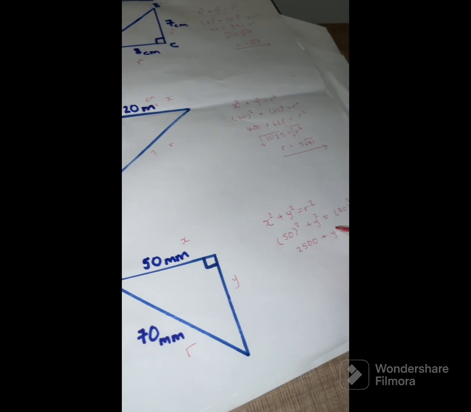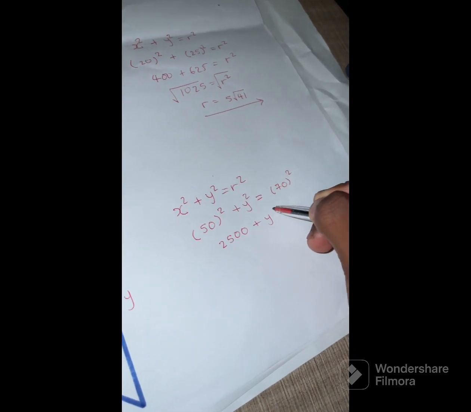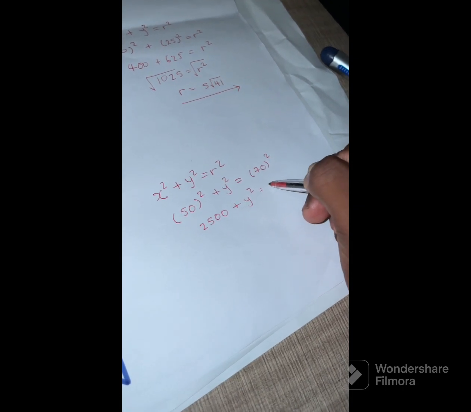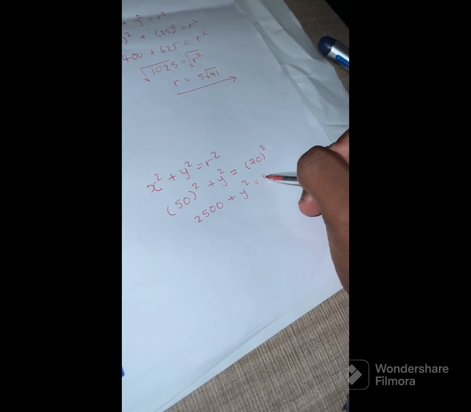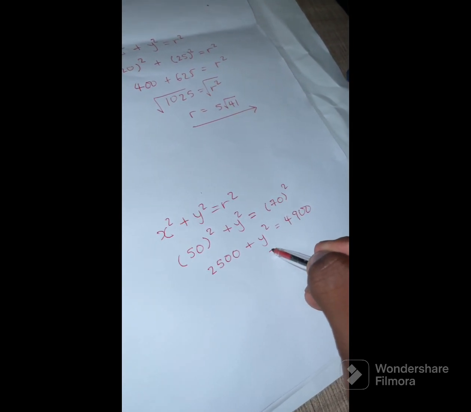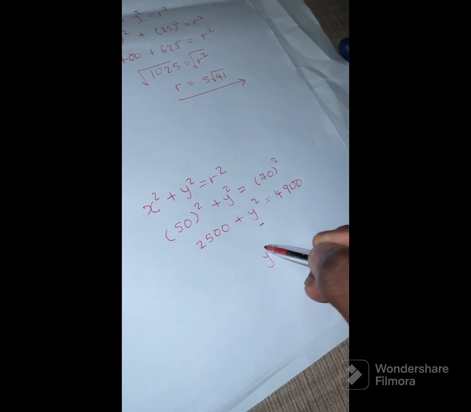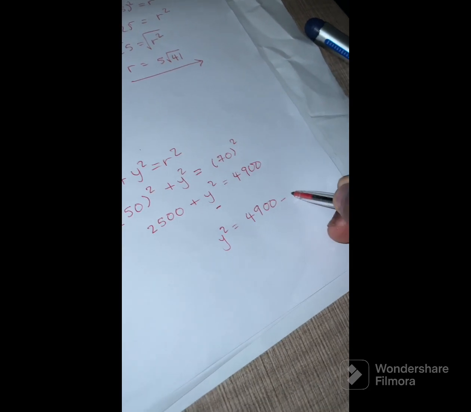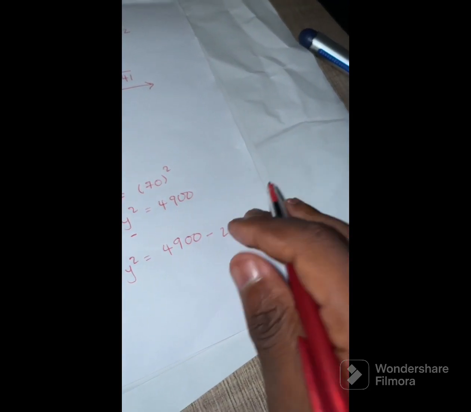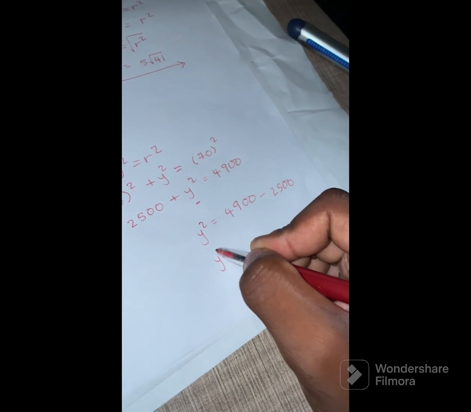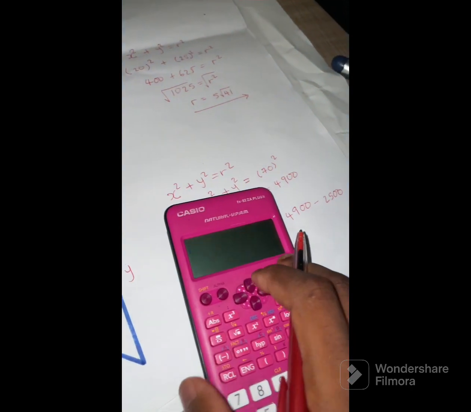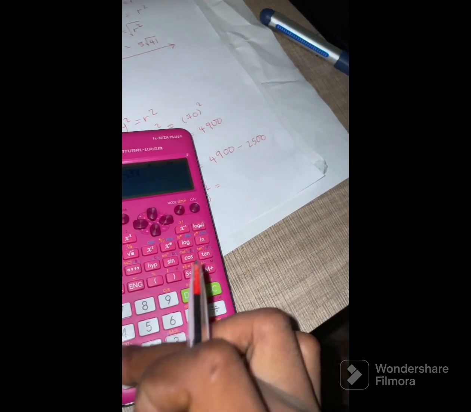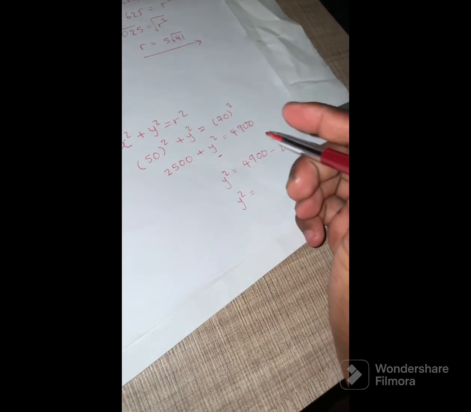and then plus y squared, is 70 squared, 7 times 7 is 49, so it's 4900. And then we do our maths. We want y to remain on one side, so y squared is equal to 4900 minus 2500, which is 2400.